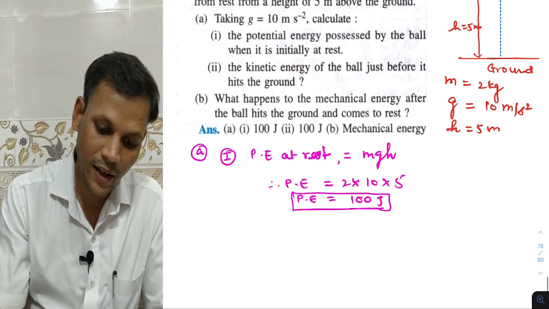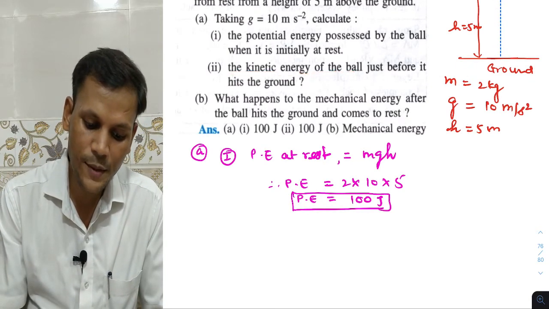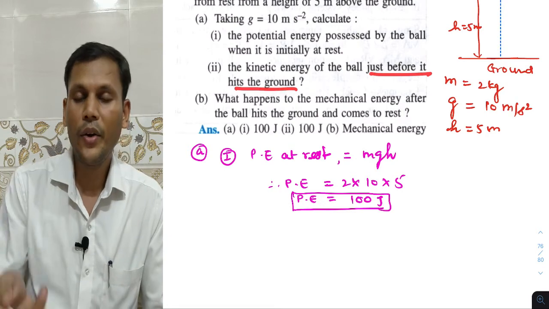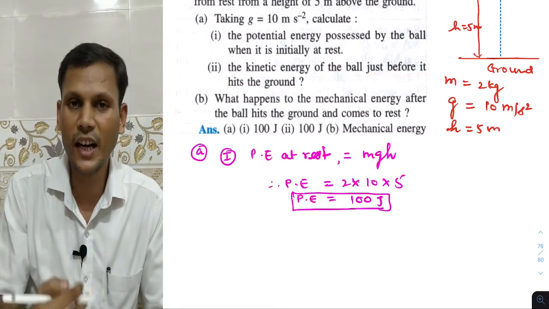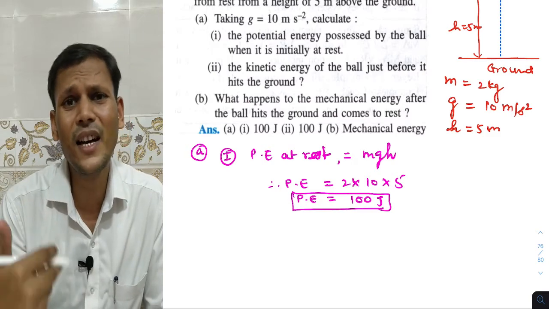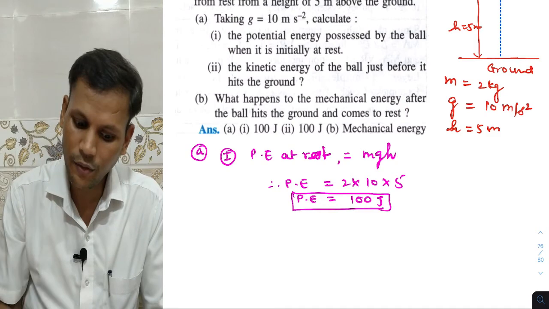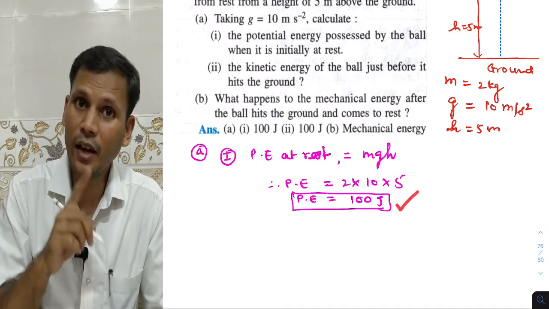Now its second part, the kinetic energy of the ball just before it hits the ground. Just before hitting the ground, its kinetic energy will be same as the potential energy at maximum height, which we have already calculated.